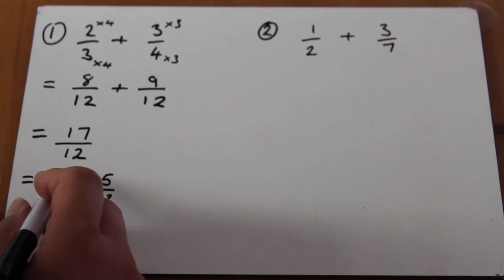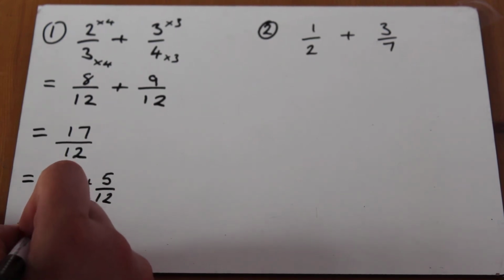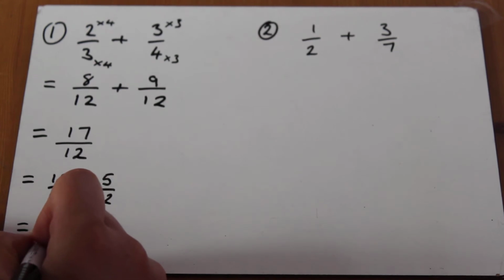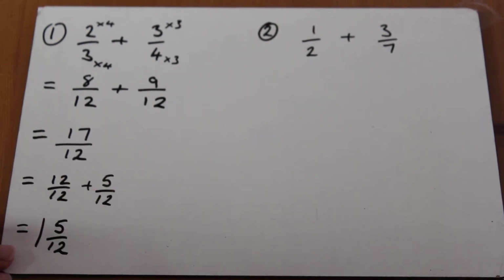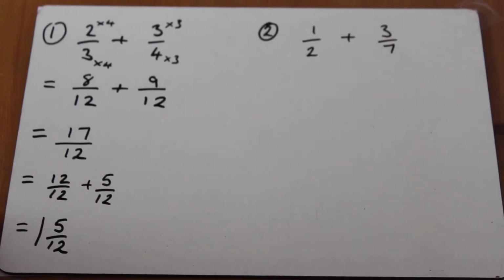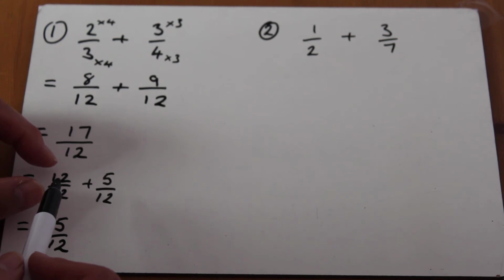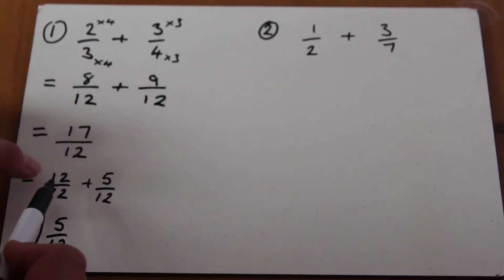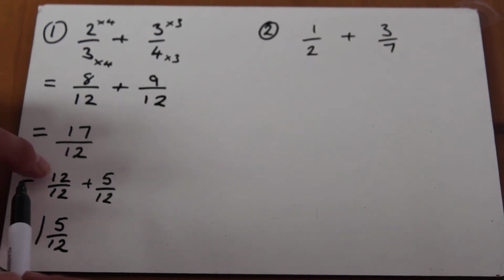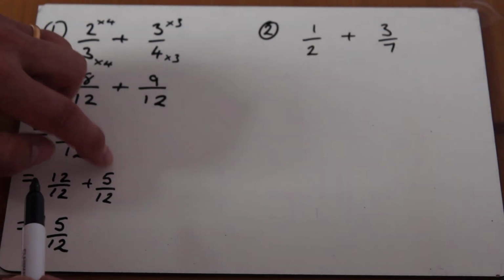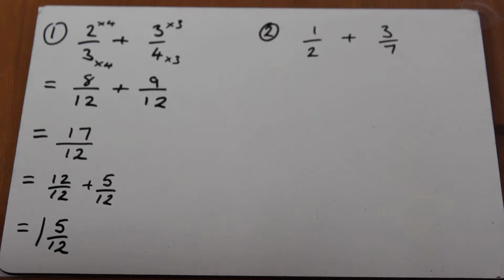But 12 twelfths is the same as 1. And then I just write the 5 twelfths there. Okay, so remember that for any fraction to be represented as a whole, the numerator and the denominator must be identical, and then when you've taken that 12 out of the 17, I'm left with 5.